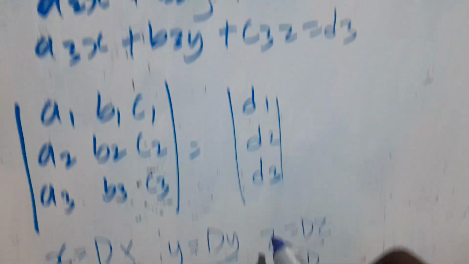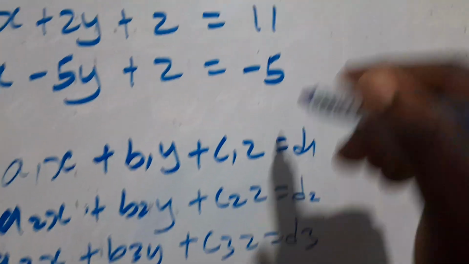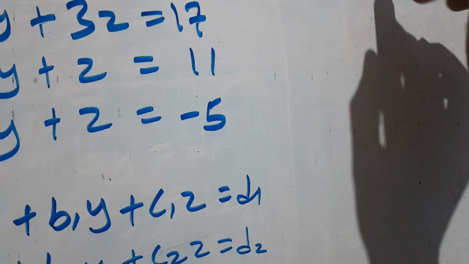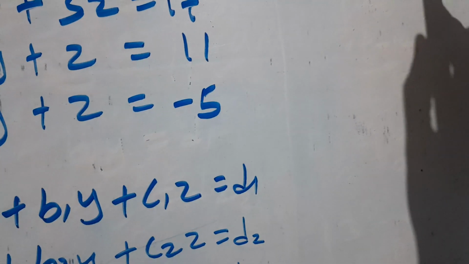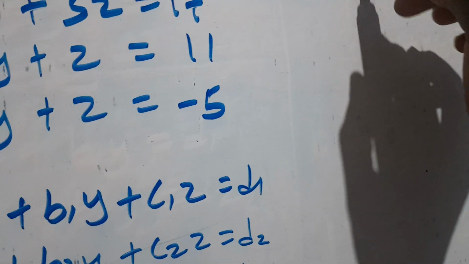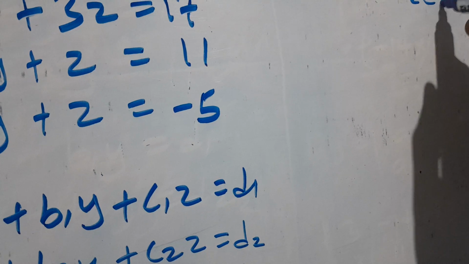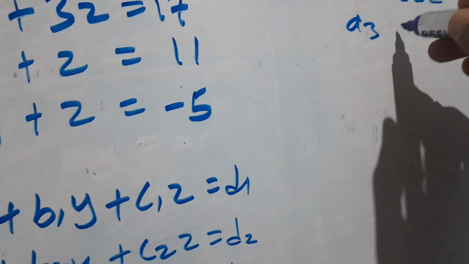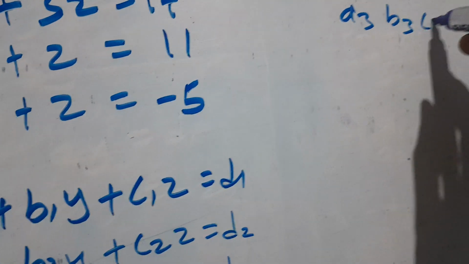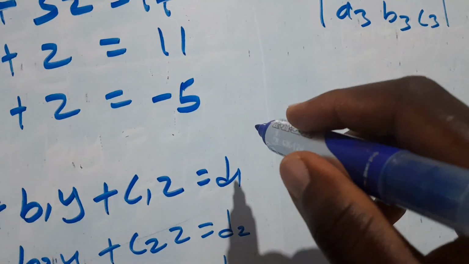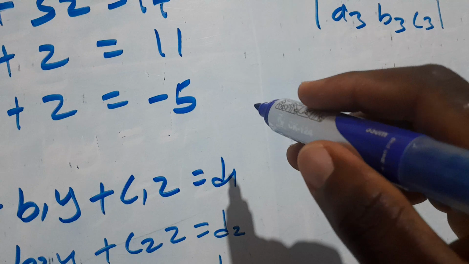How then do we find the value of d? The value of d is the determinant of our 3 by 3 matrix with a1, b1, c1, a2, b2, c2, and a3, b3, c3.